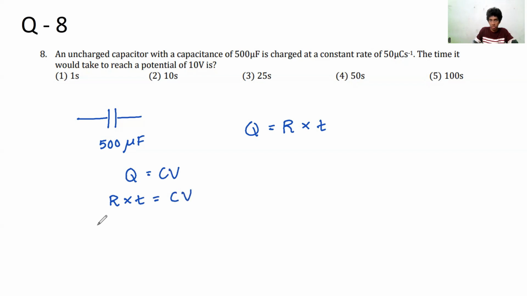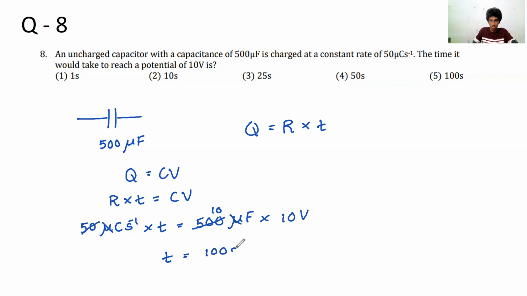So the rate at which the capacitor is charged is 50 microcoulombs per second, and we should find the time taken, and the capacitance is 500 microfarad, and the voltage is 10 volts. So when you simplify this, you will obtain T as 100 seconds. So the correct answer is the fifth one.